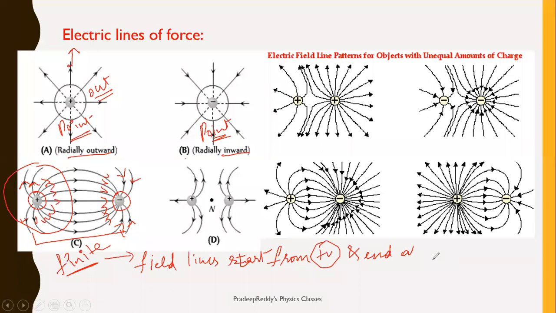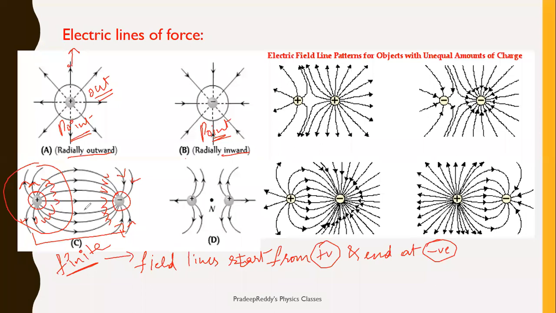They start from the positive charge and they end at the negative charge. In all cases, if you are taking positive and negative charges separated by a certain distance, you should draw the lines of force in such a way that they originate from the positive charge and enter the negative charge. That is what we have learnt in this example C.